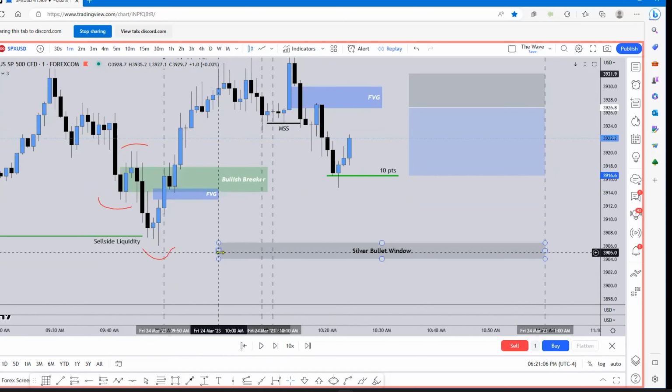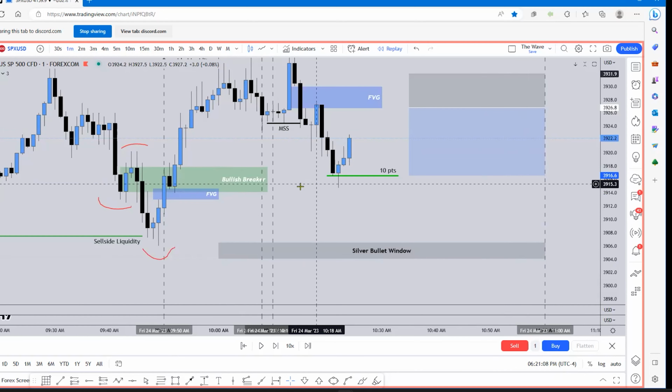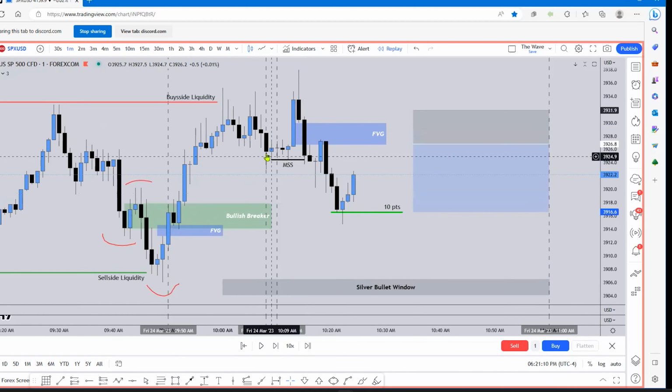Okay, so although it's 10 to 11, I noticed that at 10:08 the market starts forming our silver bullet setup.